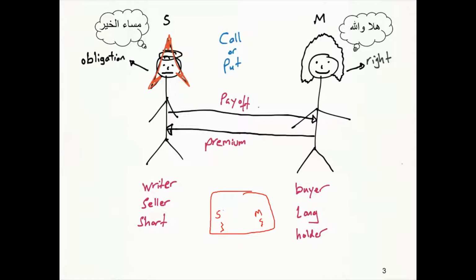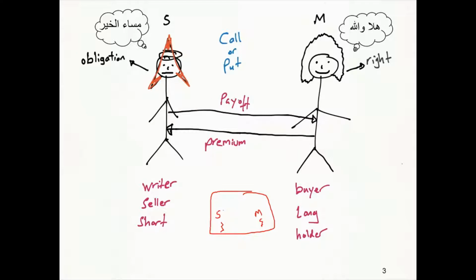We are not certain about this type of cash flow, but we are certain that the buyer will pay to the writer or the seller the premium. So for the premium, once it's paid, there is no uncertainty about it. The only uncertainty comes from whether or not there will be a payoff.